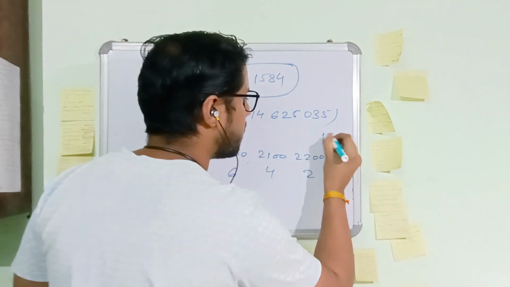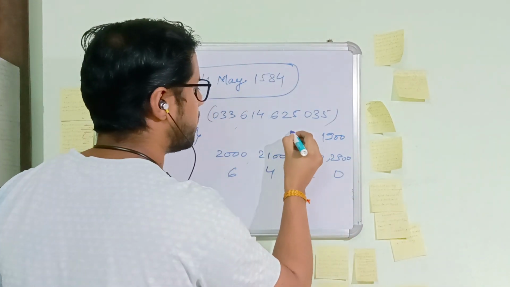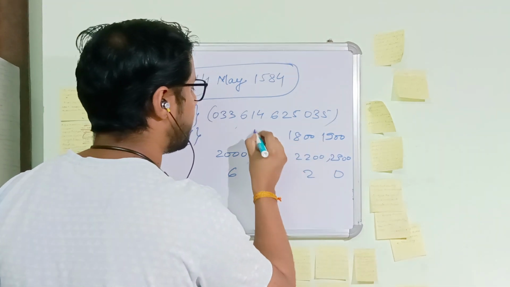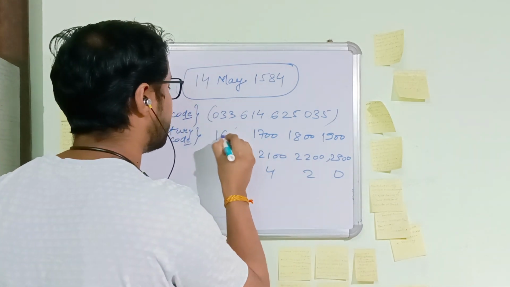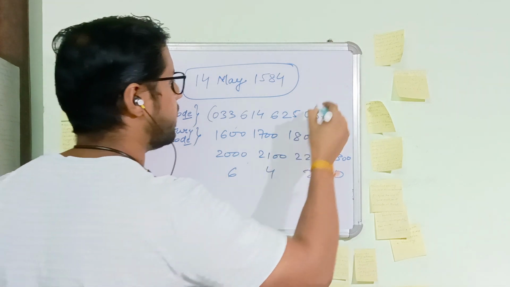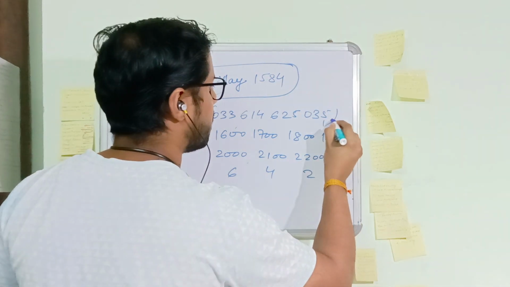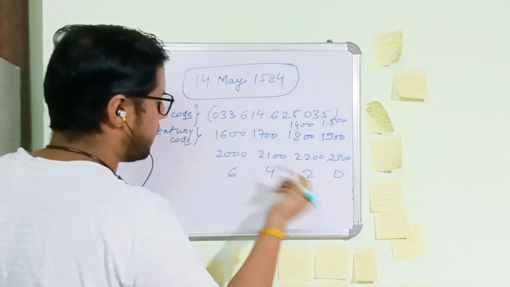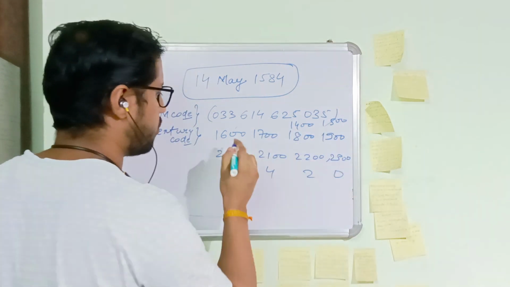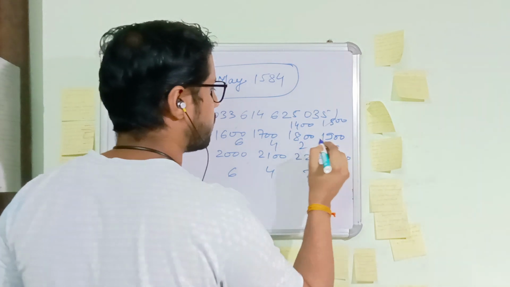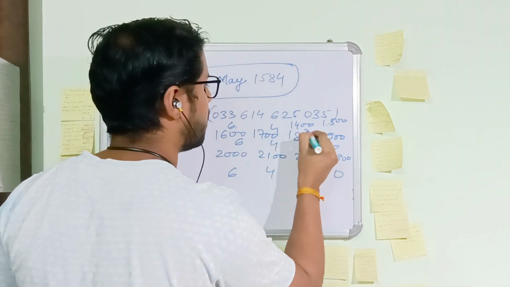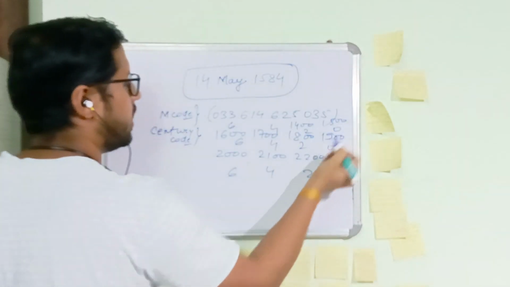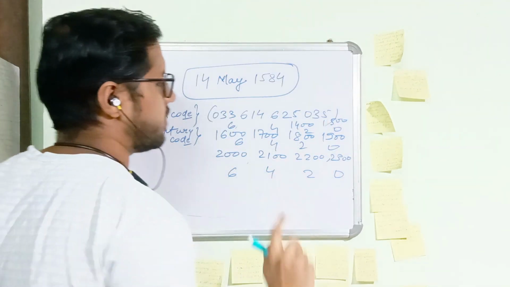Here 1900, 1800, 1700, 1600, now 1500, 1400, and the code will repeat as 6420, 6420, 6420. Here in this case, for 1500 there is a code of 0.